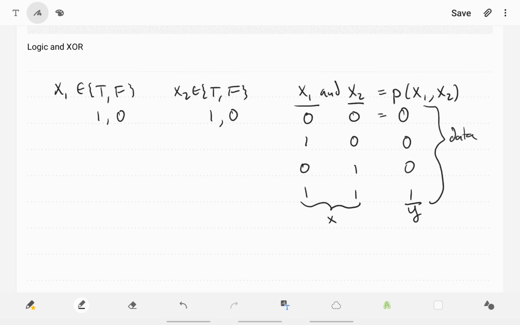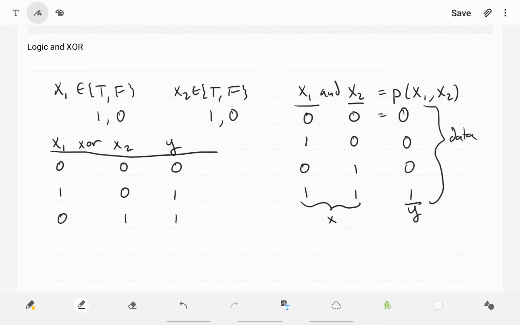Right? But a different logical proposition, which you can't separate using a linear decision boundary, is x1 XOR x2. And what XOR is, it's just x1 or x2, but not AND. That's all XOR means. And so if we think about the data that we would use to learn this, we would have a 0, 0 would produce 0, 1, 0 would produce a 1 because OR is true and AND is not true.